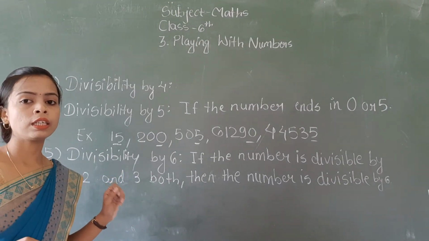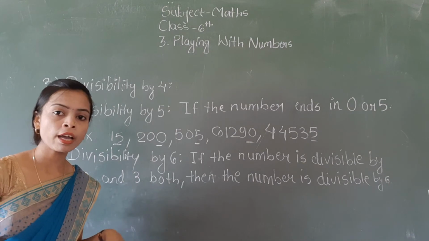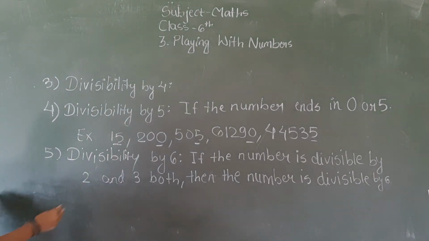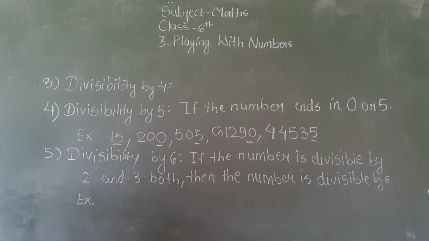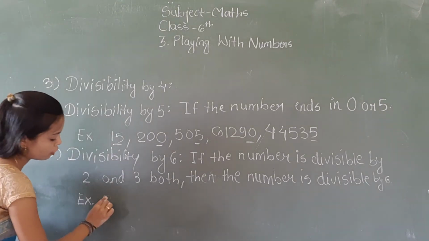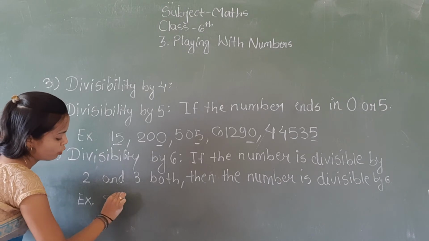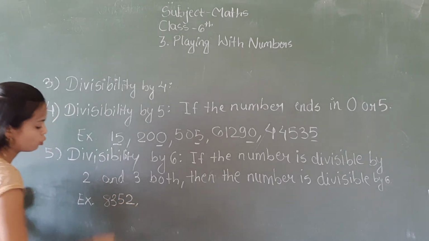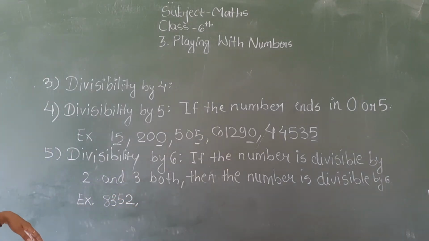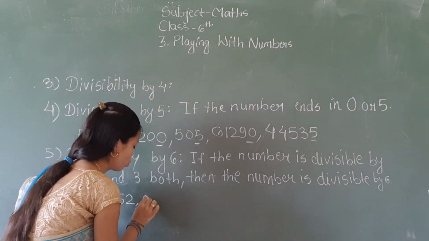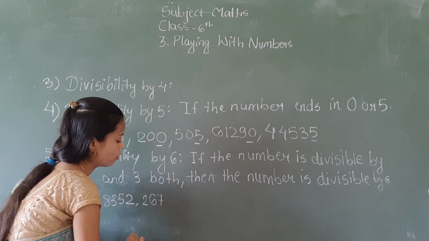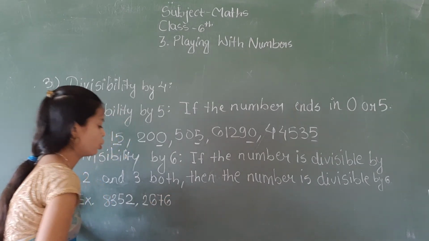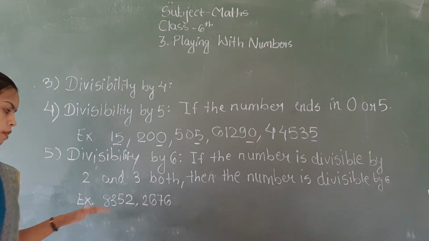Then you can say that the given number is divisible by 6. So the examples are 8352 and 2676.